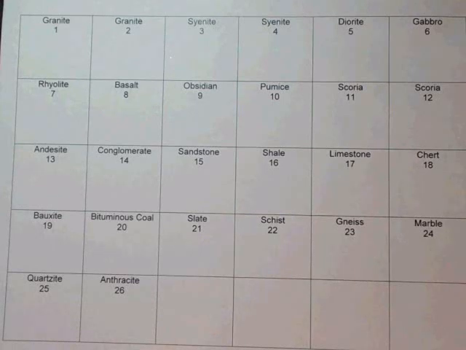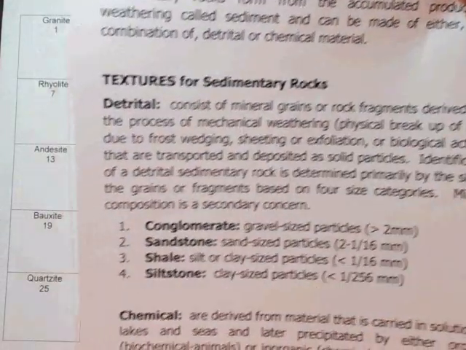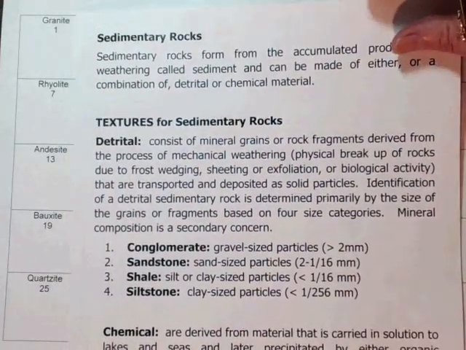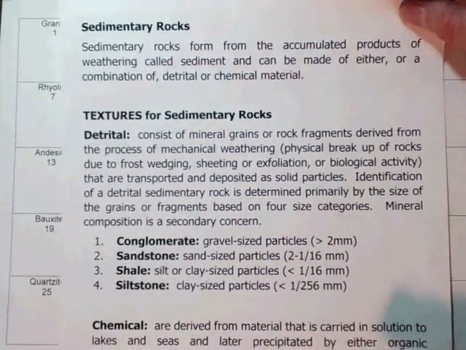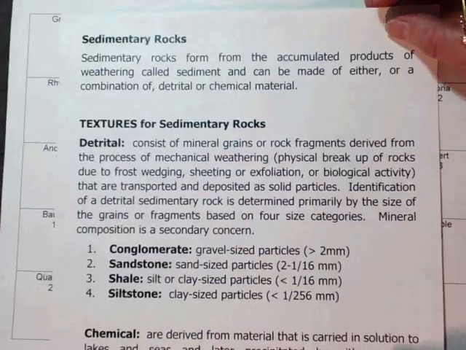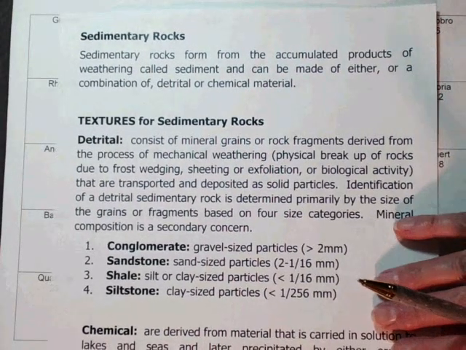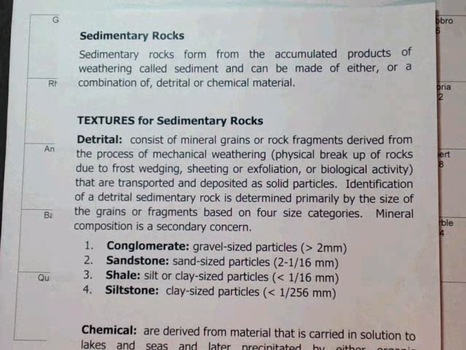And if you recall, the sedimentary rocks are formed through the process of weathering, and the weathering can be in the form of mechanical weathering, where you're physically breaking down the particles to smaller sizes, or can be chemical, derived by solution, dissolving into water.